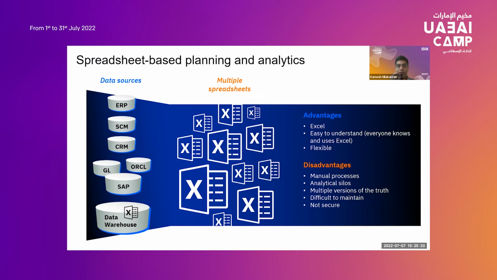Everything is going to be siloed because I might have a forecast and someone else might have another forecast in an Excel spreadsheet, and things are not integrated and there is no collaboration. If there needs to be collaboration, an email is sent and someone has to provide their inputs, and it becomes really hard to manage. Eventually, you get multiple versions of truth, difficult to maintain, and it's not secure because things are floating around in an Excel file.